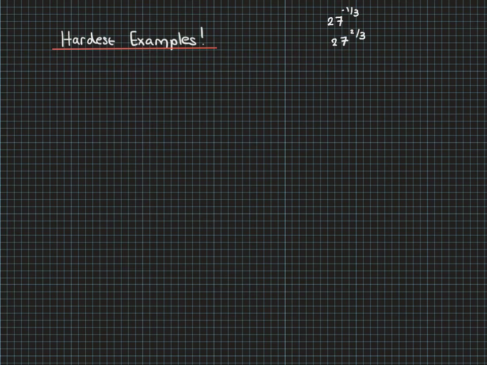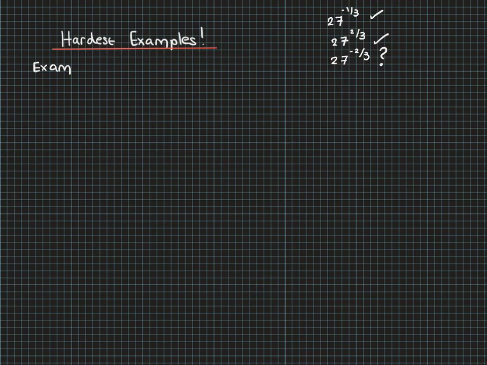But where we're aiming to look at now is what about 27 to the power of negative 2/3? So we know how to do this, we know how to do this. We're going to learn how to do this. So not only do we have a numerator value and a denominator value to deal with, we've also got a negative number involved as well.